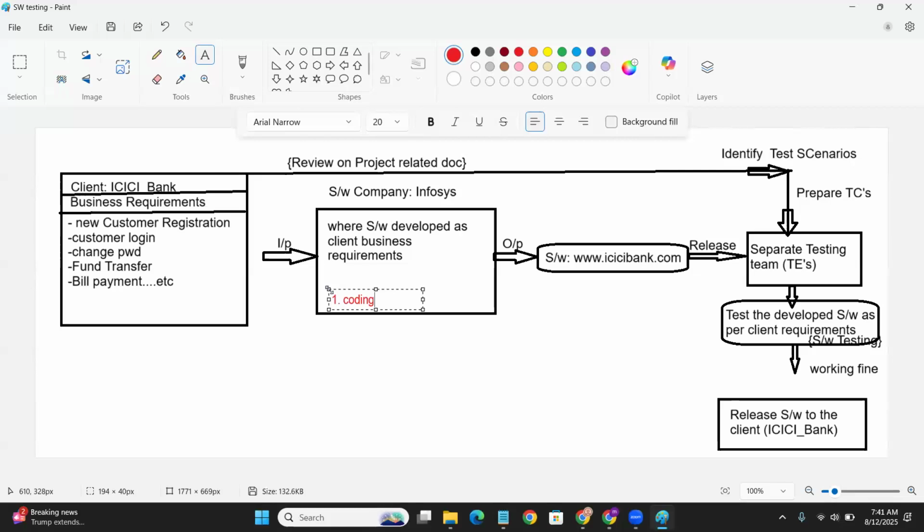So coding means writing the programs using either programming or scripting languages to develop the software.